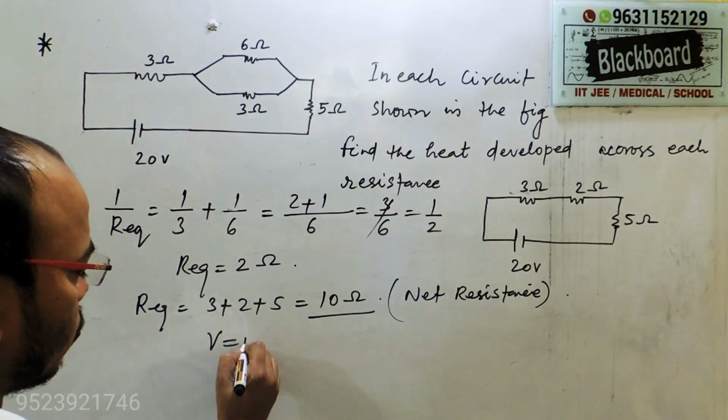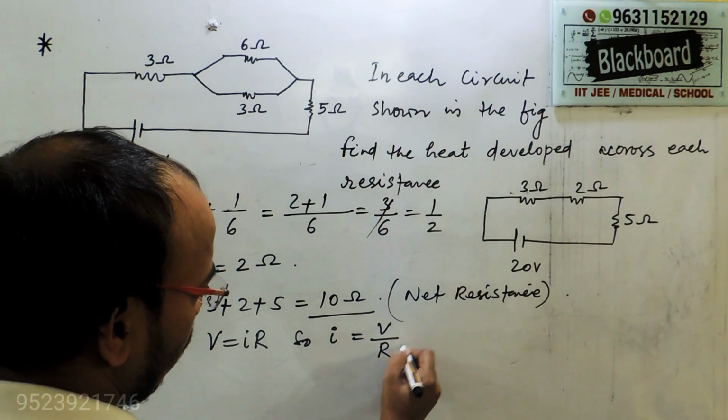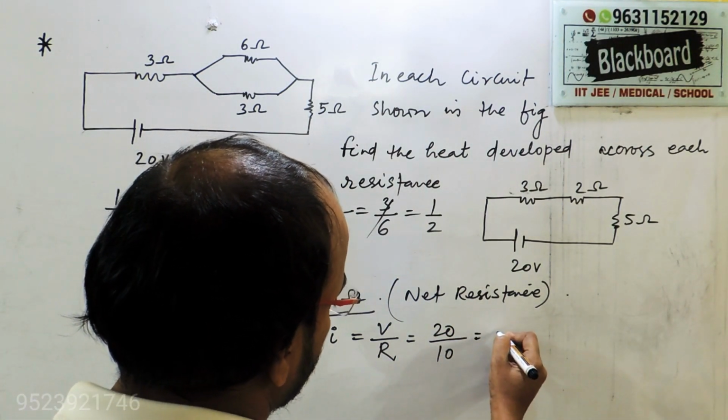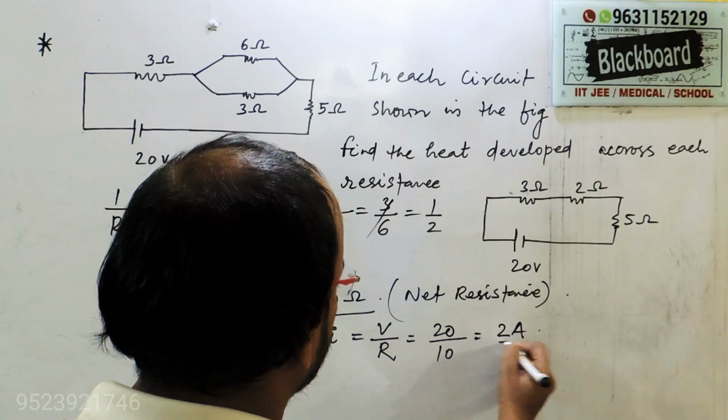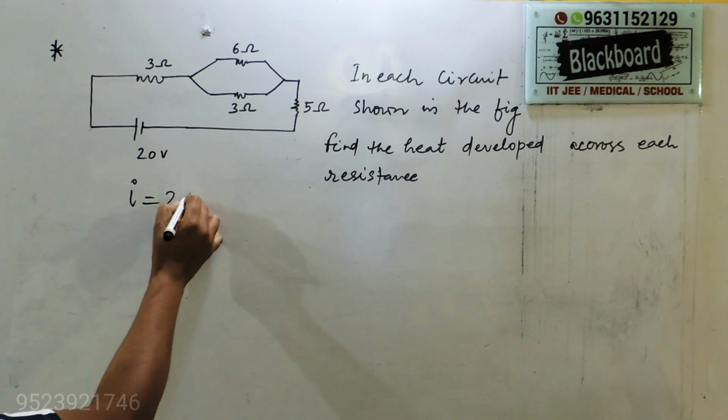Now from Ohm's law, V equals IR, so I equals V by R. V is 20 volt and R is 10. That means I is 2 ampere.